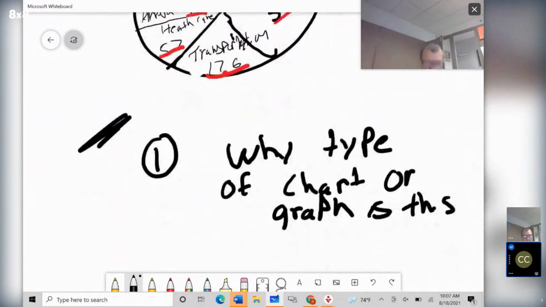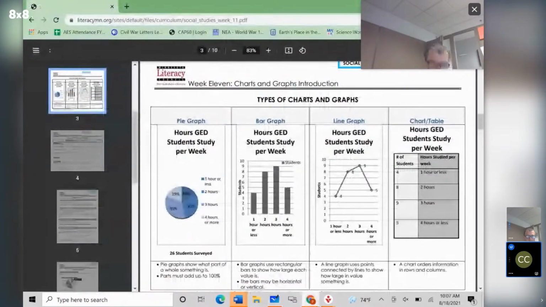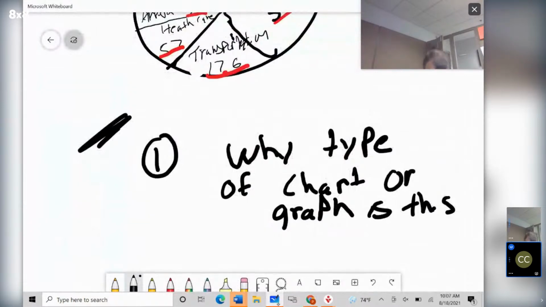Well, it's going to be, we'll call it a pie. And if we go back to this, we're going to see right up here, the circle is going to be called a pie graph. Pie graph or circle graph. So they're basically both the same thing. I think most of them are referred to as pie, but if you see a circle graph, you know it's the exact same thing. So it's going to be a pie graph. The answer is going to be pie.